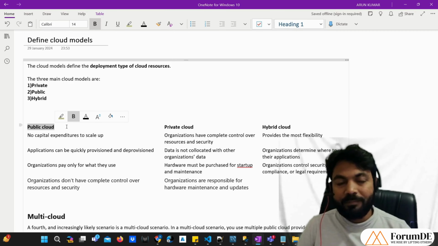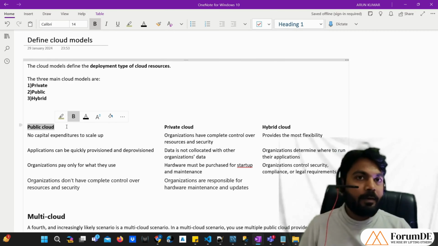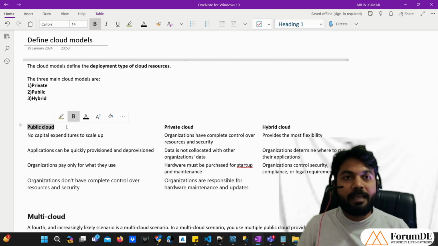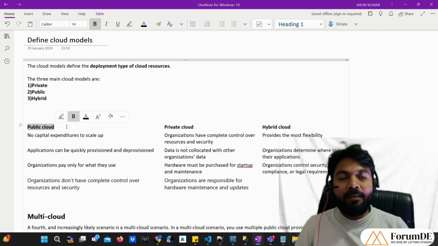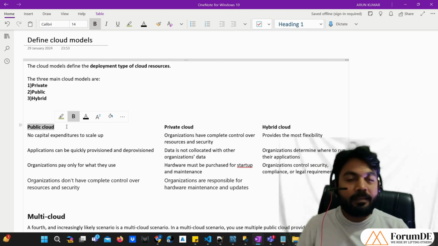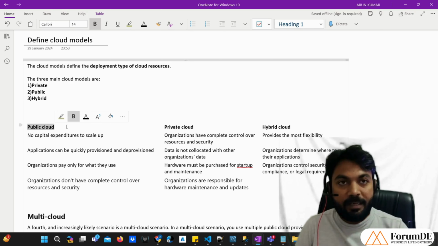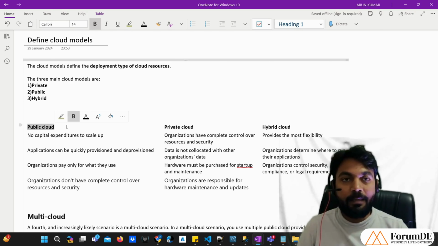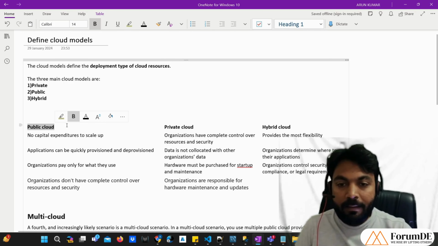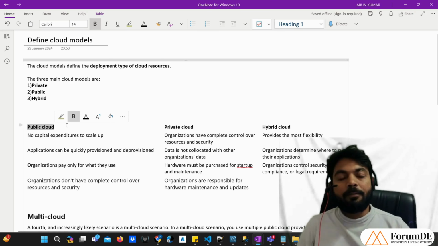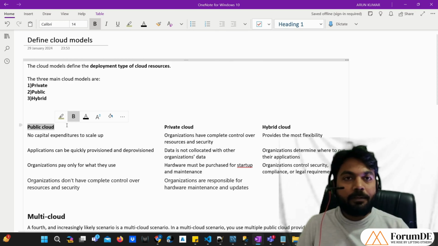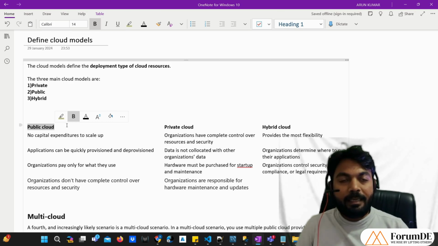As I have already discussed in my previous videos, in these cloud platforms, like Azure, AWS, or GCP, we only pay for what we use. Suppose we need a storage location to store our data, or a data lake, we pay only for the amount of data we are storing there.